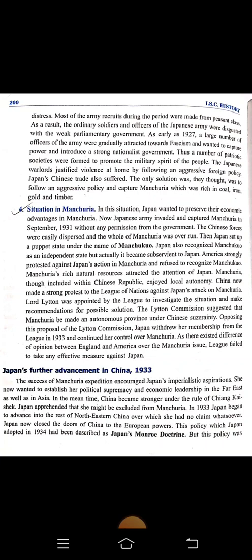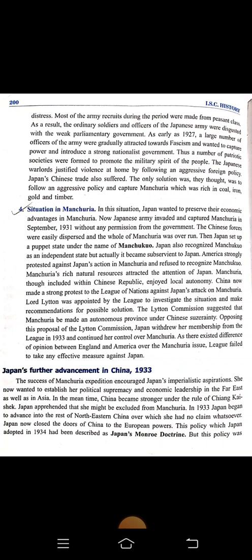America strongly protested against Japan's action in Manchuria and refused to recognize Manchukuo. Manchuria's rich natural resources attracted the attention of Japan. Manchuria, though included within the Chinese Republic, enjoyed local autonomy.